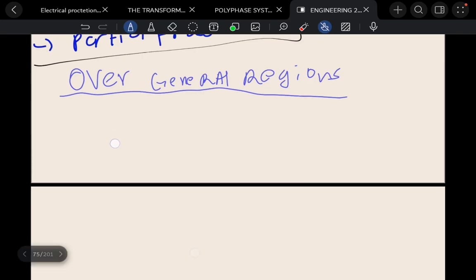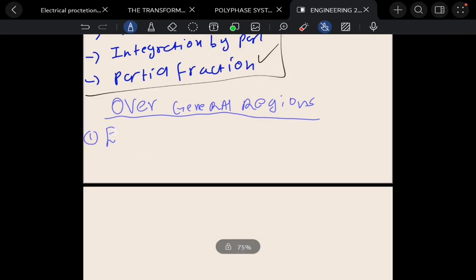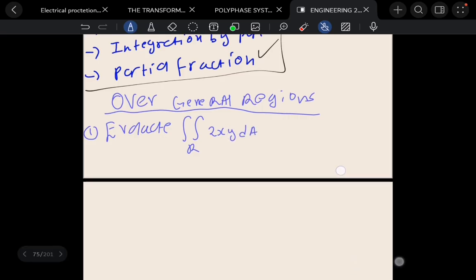The question will say evaluate the double integral over R of xy dy, where R is drawn below.